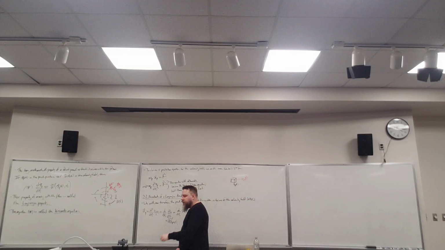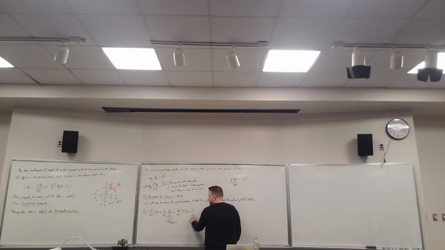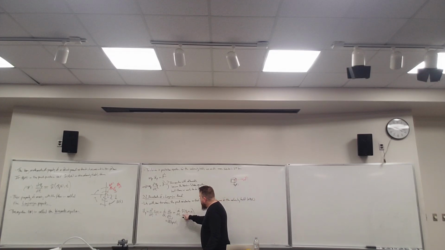So this equation says that our particle acceleration is equal to the time derivative of the velocity field, which is evaluated at the particle position and at that particular time. The key point of potential confusion here is that this d by dt is the rate of change with respect to time.